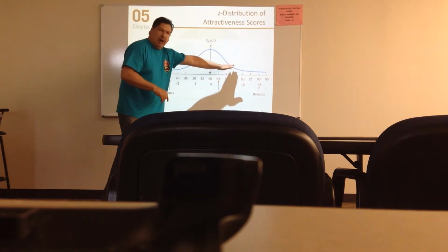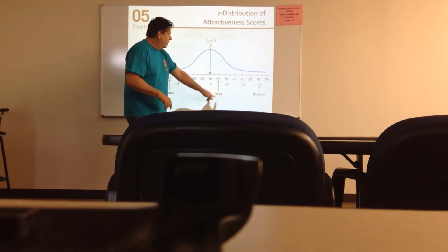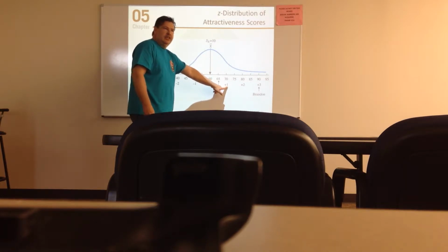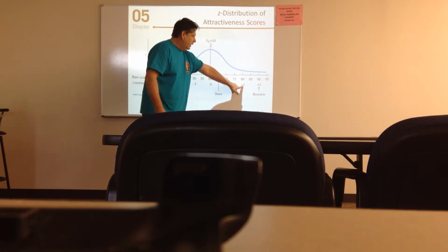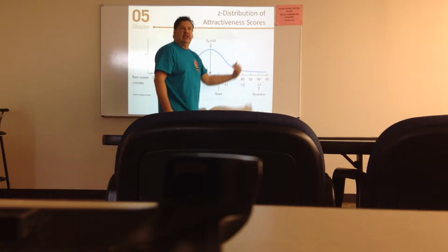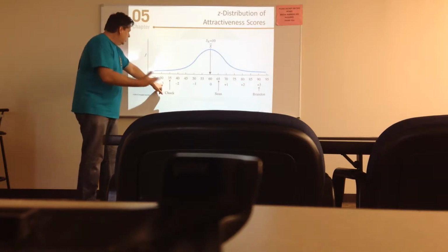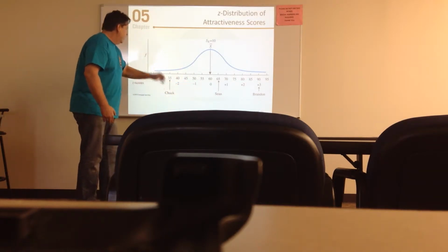On the positive side, positive 1 would be 1 standard deviation above the mean, 2 would be 2 standard deviations above the mean, and 3 would be 3 standard deviations above the mean. And we're going to go to the negative side, and we're just going to have negative scores just like this.